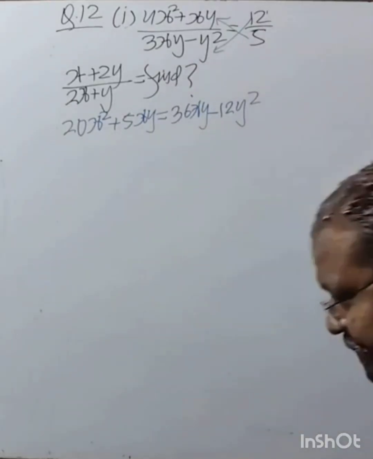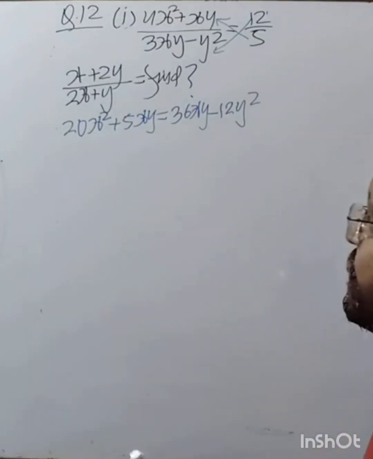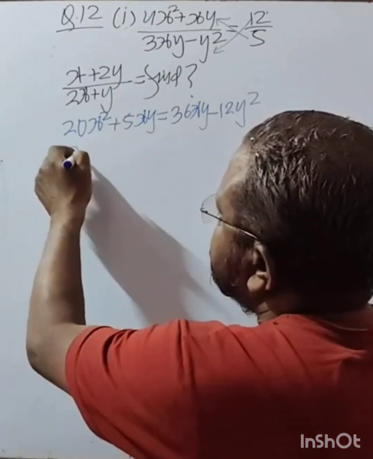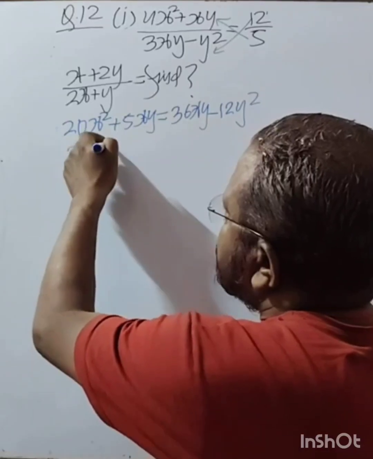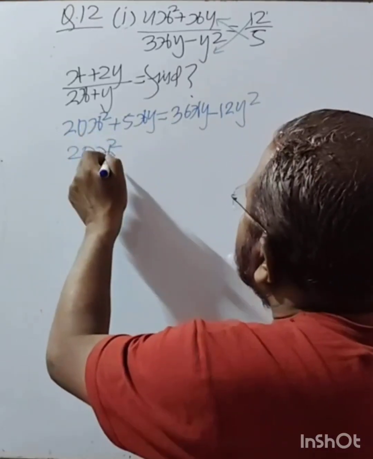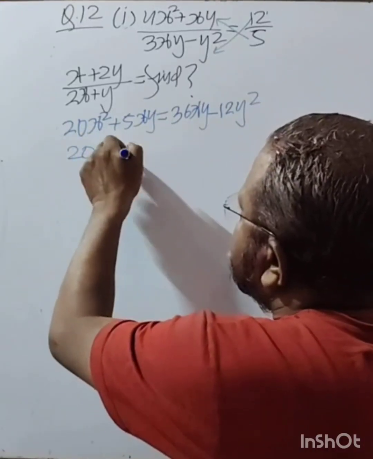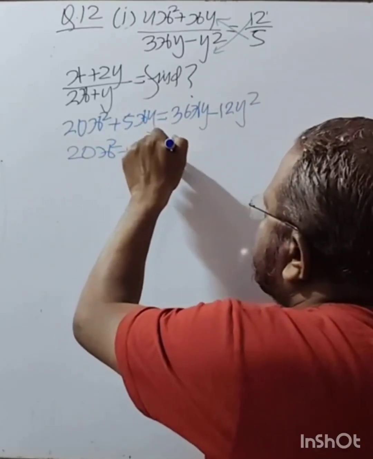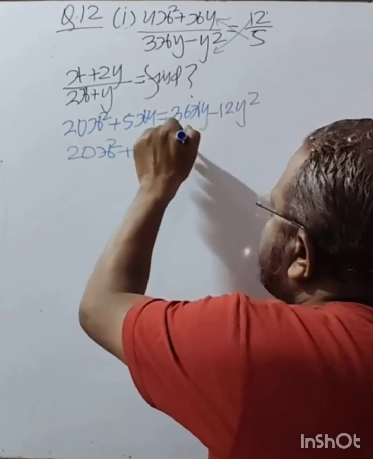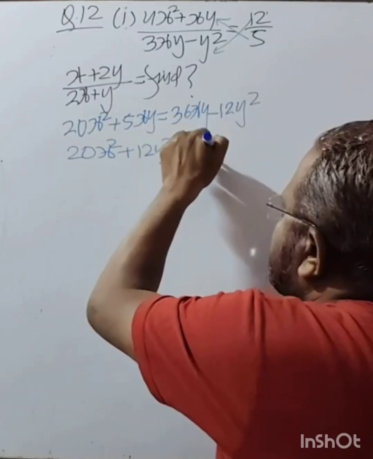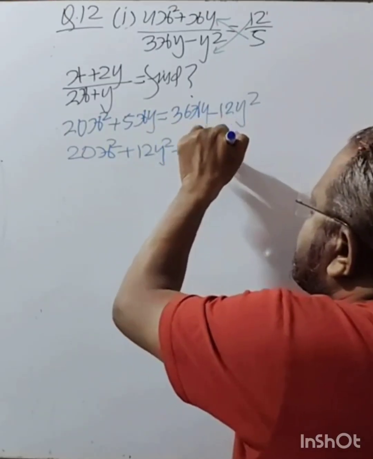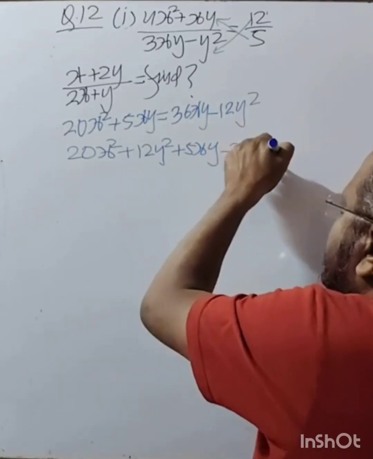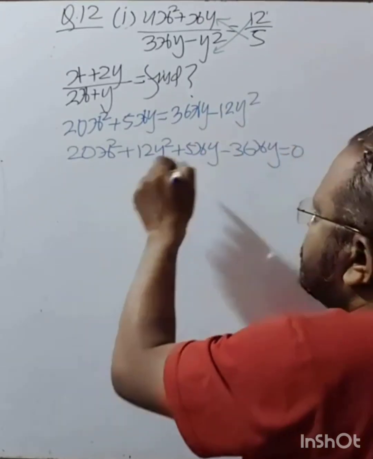So you bring it here, 20x square plus 12y square plus 5xy minus 36xy is equal to 0.